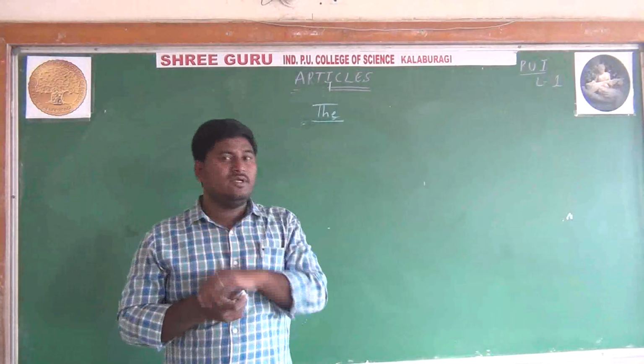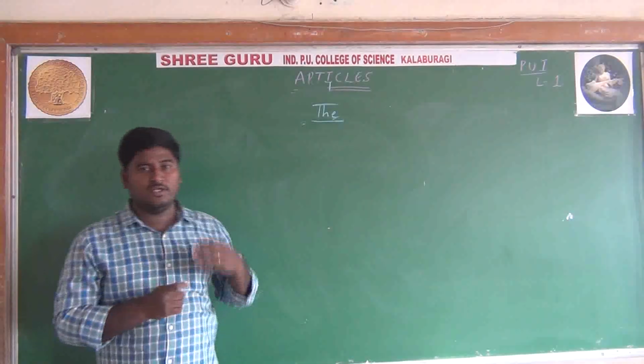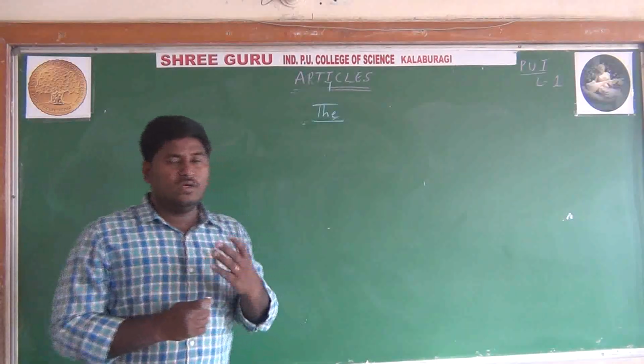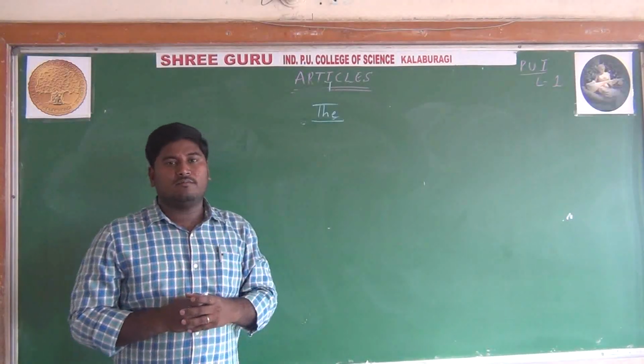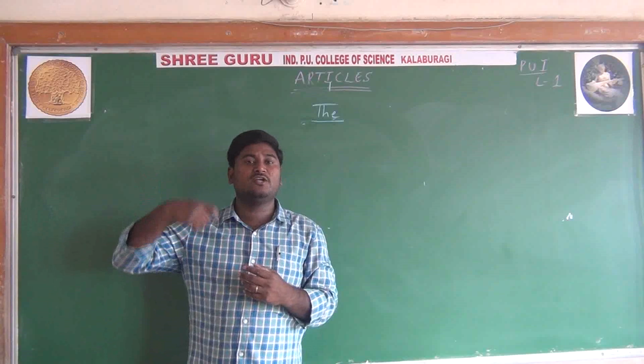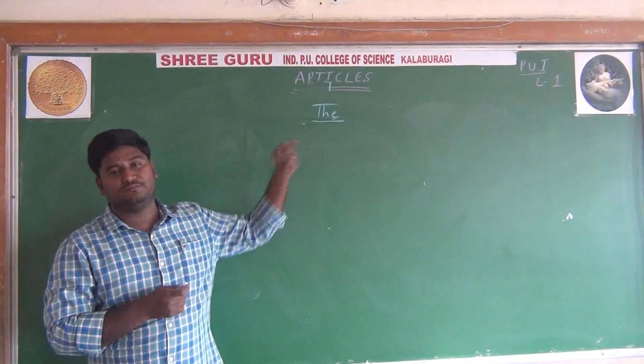And at the same time, the is used before the superlative degree. I hope you know the degrees of adjective: positive, comparative and superlative degree. Before that we should use the word the.